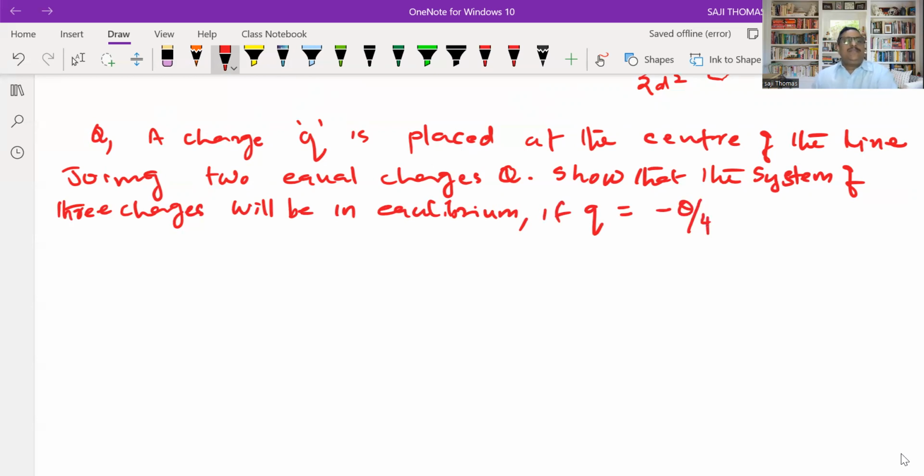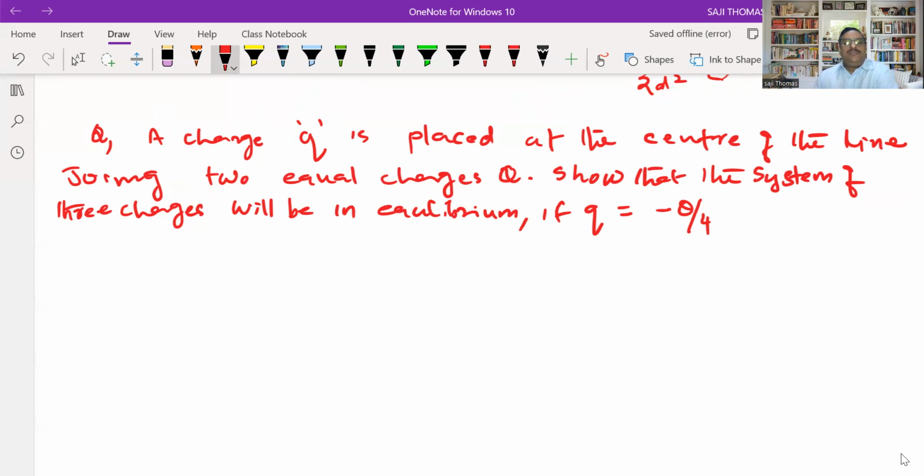So read the question: a charge q is placed at the center of the line joining two equal charges, capital Q. Show that the system of three charges will be in equilibrium if q is minus capital Q by 4.